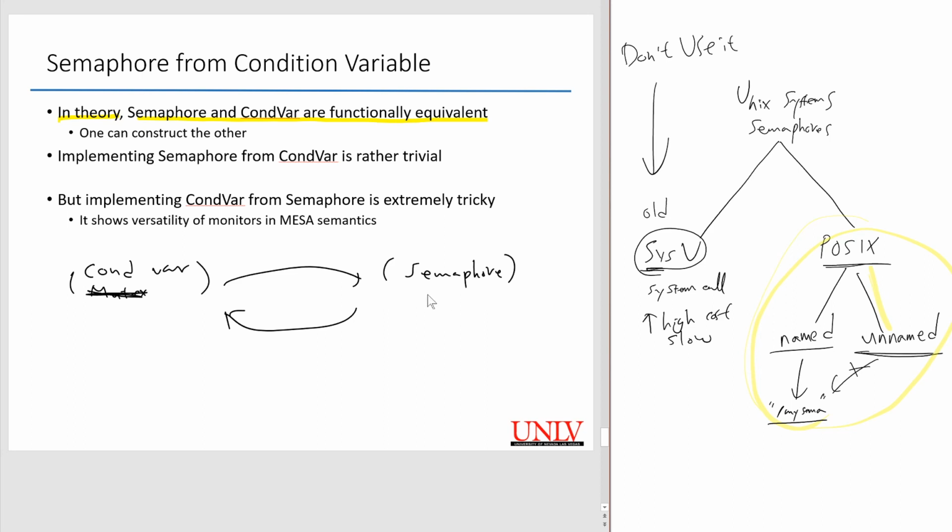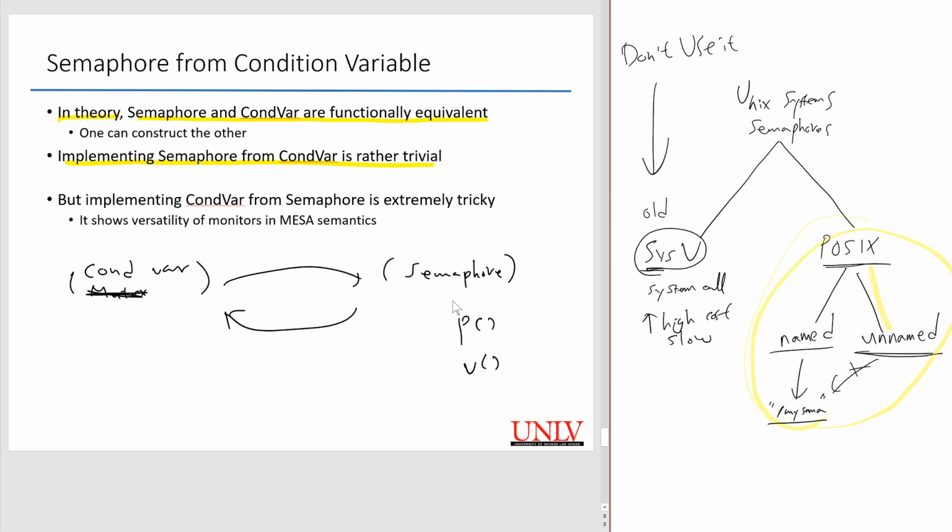In fact, implementing semaphore from condition variable is rather trivial, very easy. So semaphore has two operations, P and V. So you want to construct this semaphore thing out of condition variable, and it's too easy, actually.